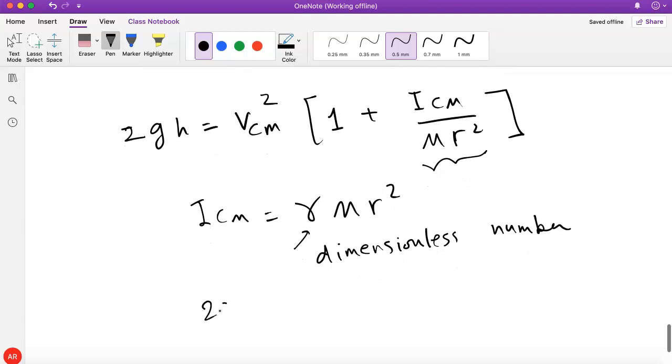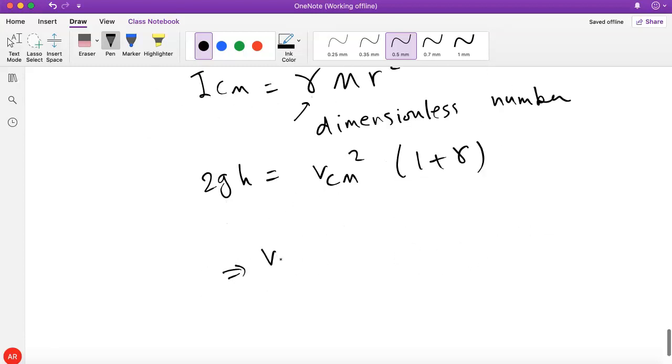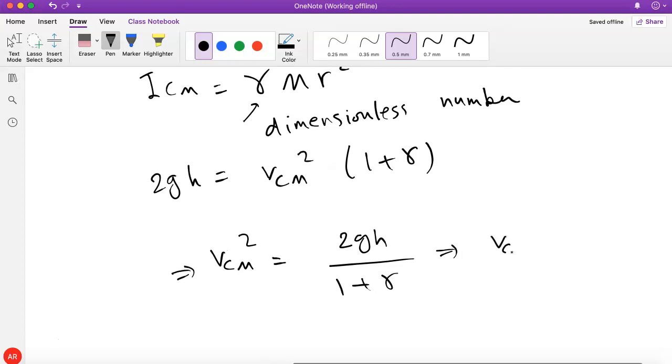So we find 2gh is VCM squared times 1 plus gamma, and VCM squared becomes 2gh over 1 plus gamma. VCM is the square root of that. So if you also rotate, you're going to get a smaller velocity at the end, because some of the kinetic energy goes into rotational kinetic energy.